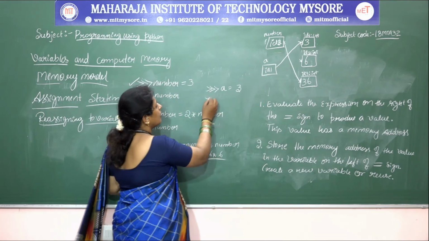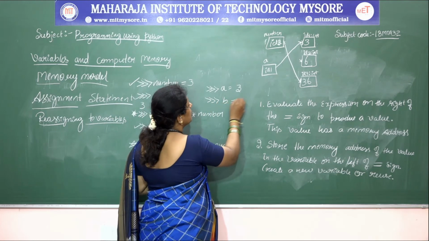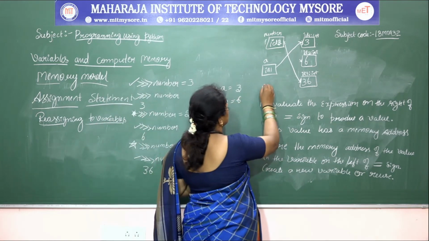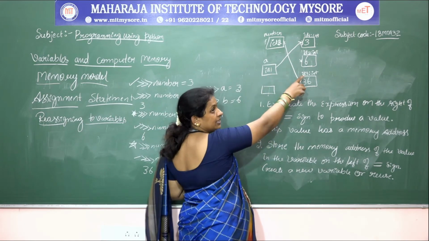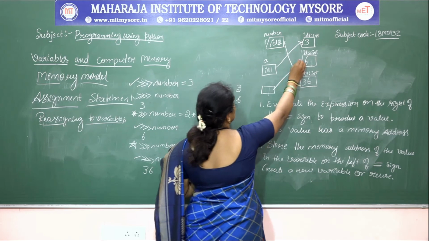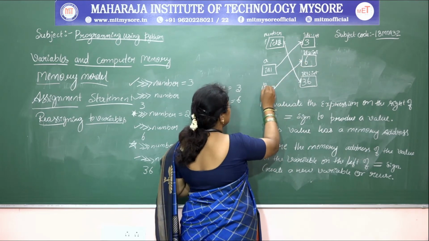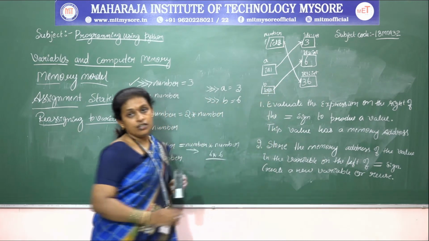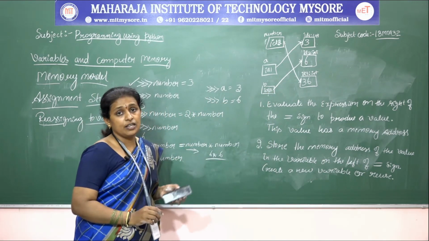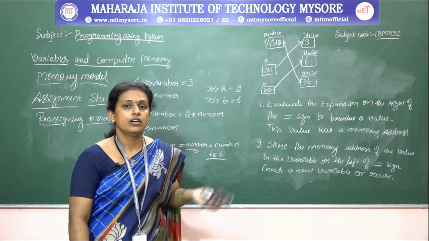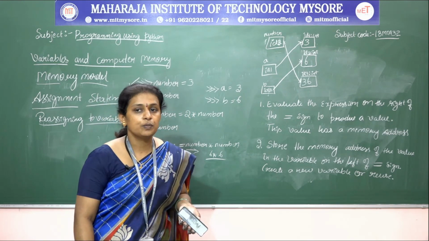Okay. Then consider one more thing. b equal to 6. At that time, 6 is already present in memory, so the ID address of this will be referred to by the variable called b. So this is how Python will execute code with respect to the memory model.